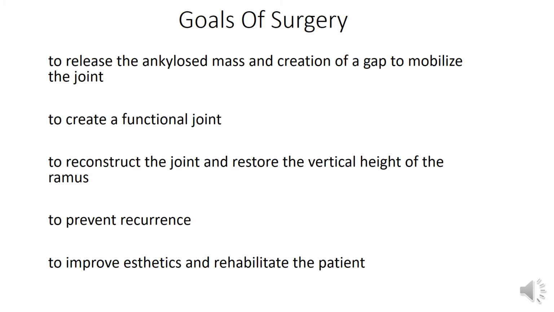The goals of surgery are to release the ankylotic mass and creation of gap, to mobilize the joint, to create a functional joint, to reconstruct the joint and restore the vertical height of the ramus, to prevent recurrence, to improve aesthetic and rehabilitation of the patient.